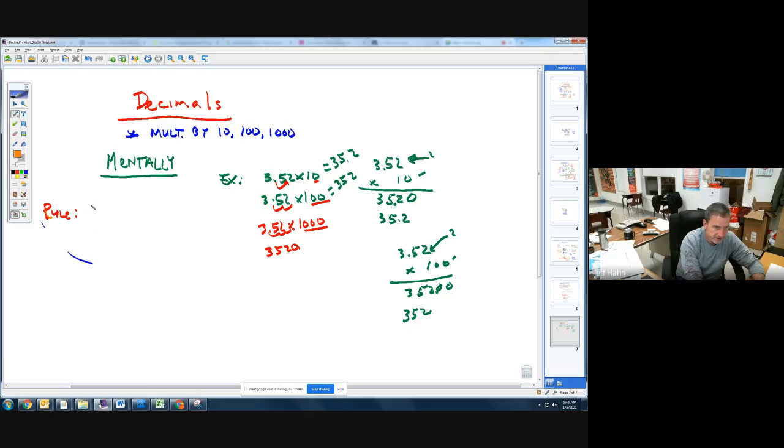The rule is this. When you multiply by tens, 100s, 1,000, or anyone with any number of zeros, you just need to move the decimal, I'll make sure you write this in big letters, to the right.